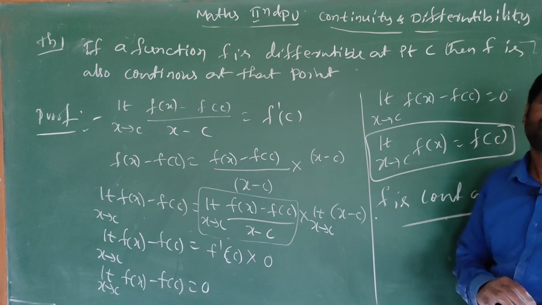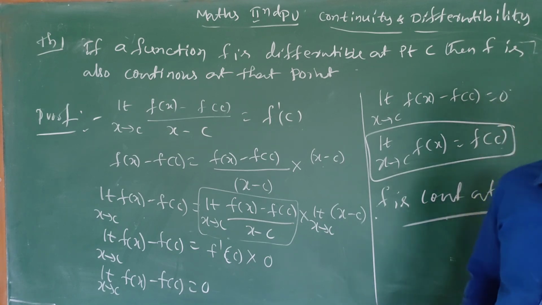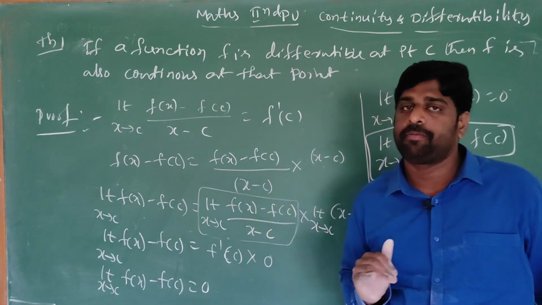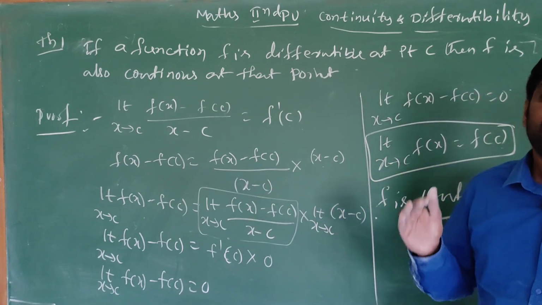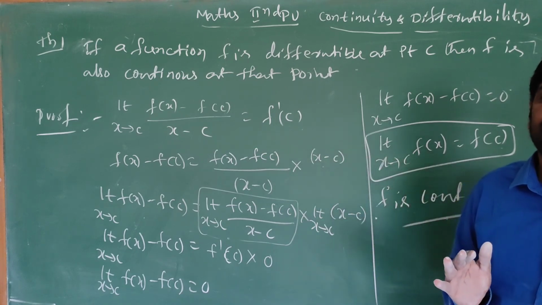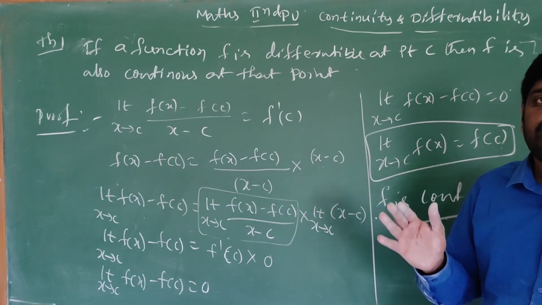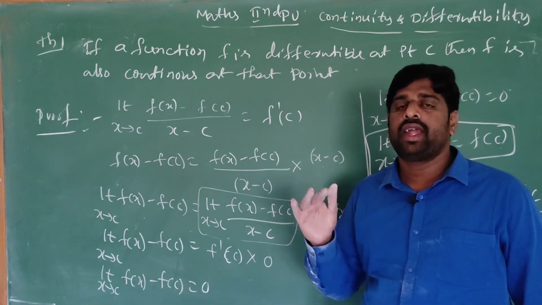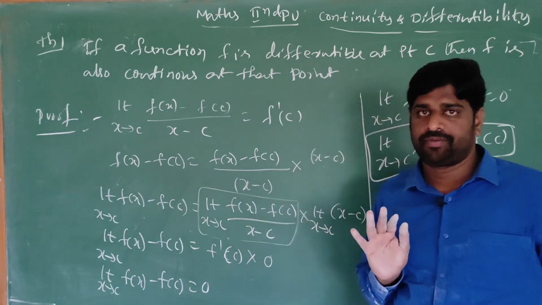Here, what is the statement, children? If f is differentiable, then f is continuous at x is equal to c. The statement is: f is differentiable at x is equal to c, then f is continuous at x is equal to c.